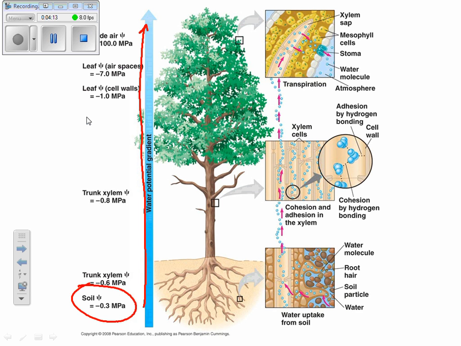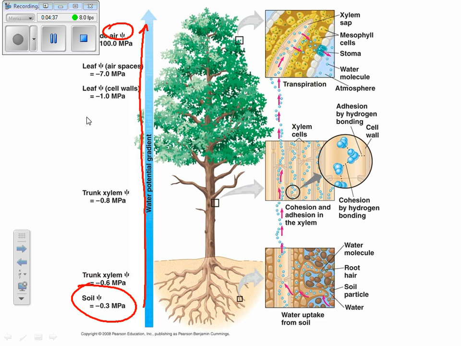Up here, we're talking about in the air. On a typical day, the air tends to be dry. There's not a lot of moisture in the air. So water potential is going to become lower, more negative.